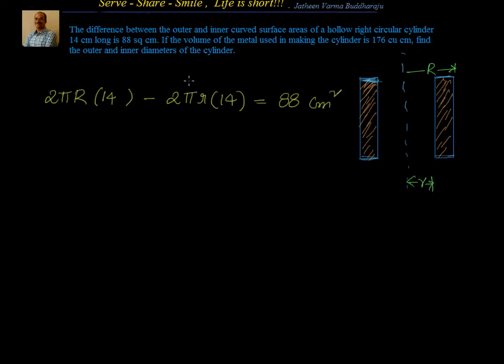What is the next condition we have? The volume of the metal used in making the cylinder is 176 cubic centimeter. Now how can I find out the volume of the metal? Let's write it down. We know that volume of the metal is equal to volume of outer cylinder minus volume of inner cylinder.